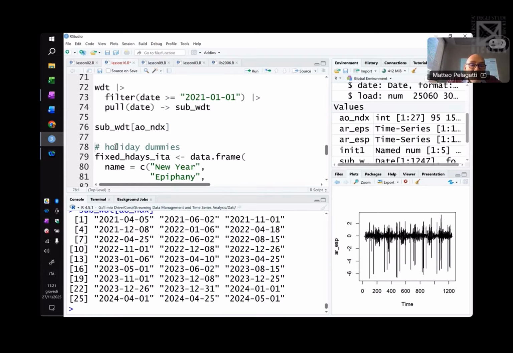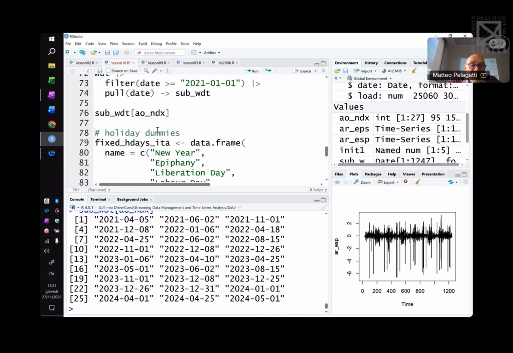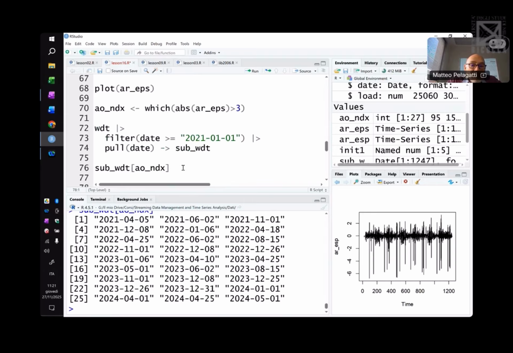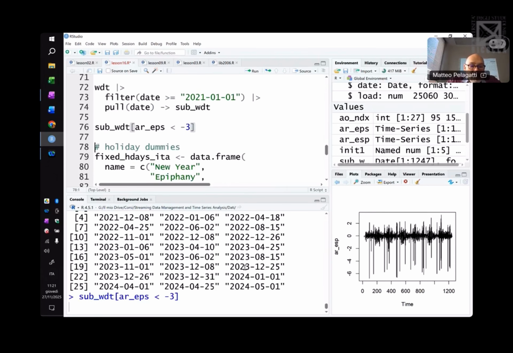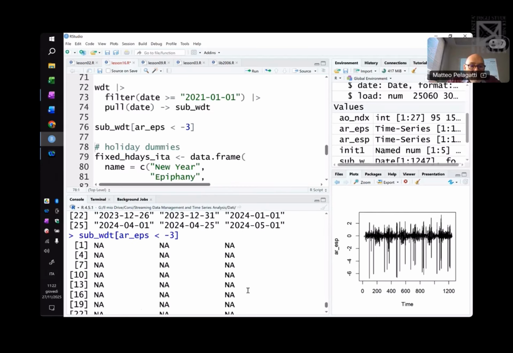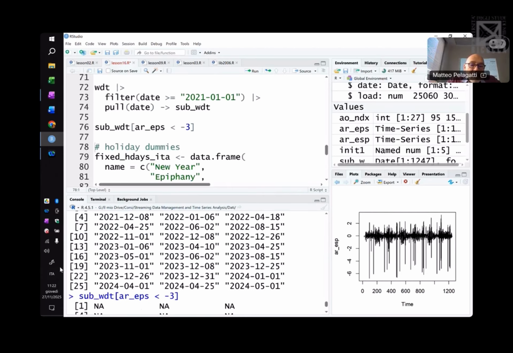Maybe we could just look at those. They're positive and those are negative. So for example, we could just go here and select those for which this is less than -3, and okay, there are some missing observations.